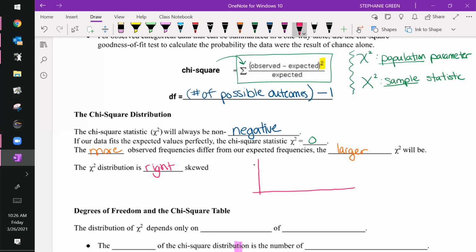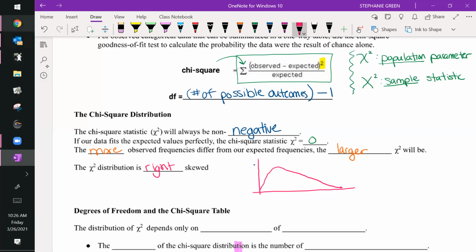More often than not, though, our chi-square is going to have a little bit of size to it, right? It's going to be pretty rare to see a sample that fits our expected values perfectly. But we would hope we won't see a chi-square statistic that's very, very large. So it's possible to get 0, but not likely. It's way more possible to get a slight difference in our observed and expected values, but it's not very probable to get these larger values. So you can see it is a right skewed distribution.